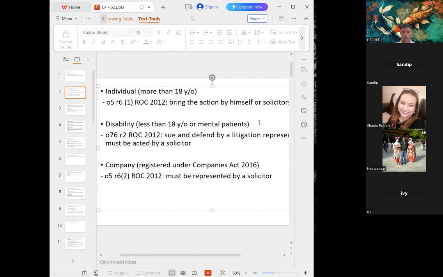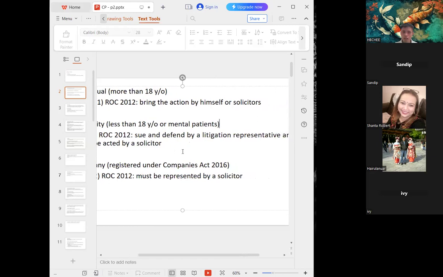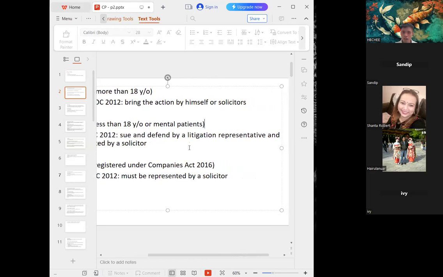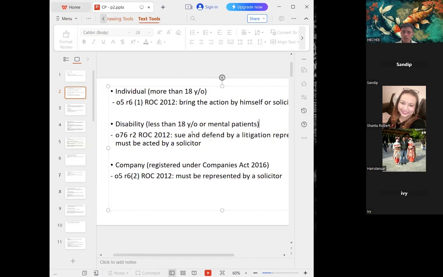The disability can be a child, or a person having a mental problem. So for these disabled persons, he or she must bring the action via a litigation representative, and the litigation representative is acted by a solicitor.